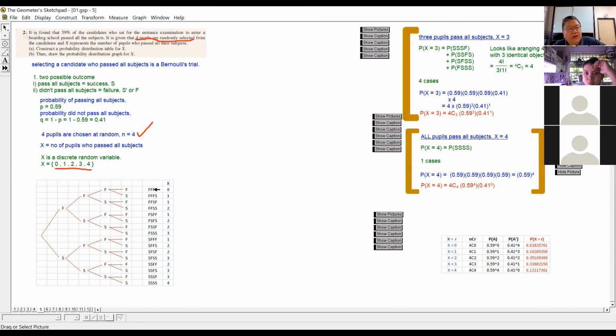You list out all the 4 students. Fail, fail, fail, fail. Fail, fail, fail, pass. The last ones are success, success, success, fail, with 3 of them success and 1 fail. Then the last one is success, success, success, success, all the 4 of them successful, right? So you list out like that.